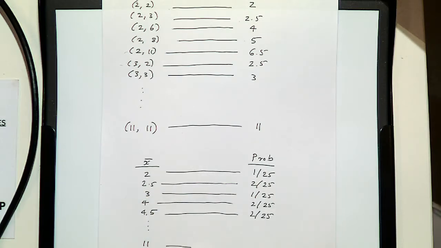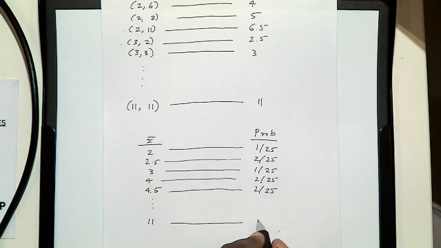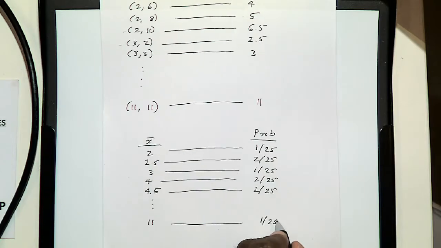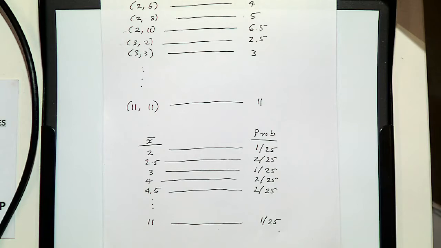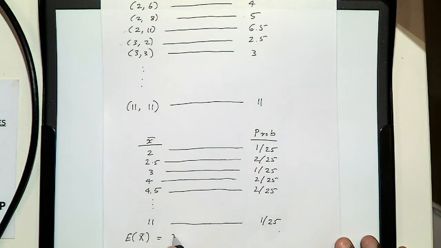And finally, if you continue this for 11, there will be 1 outcome out of 25 that gives x bar equal to 11. Once you have this table, you can use it to find the expectation and the variance of x bar. For example, to find the expectation of x bar, all you have to do is multiply these numbers with these numbers and add them up.